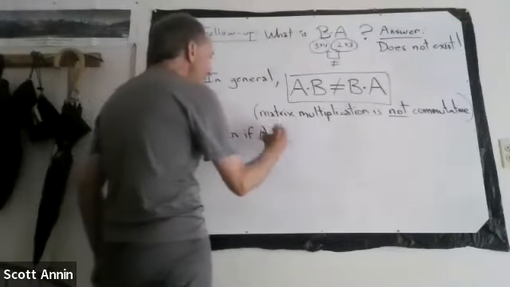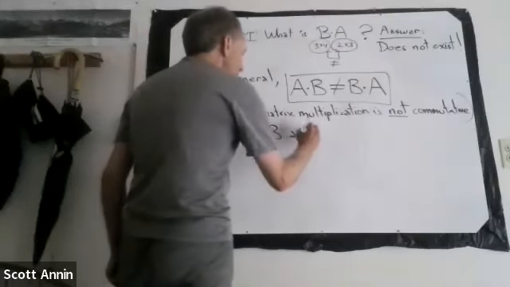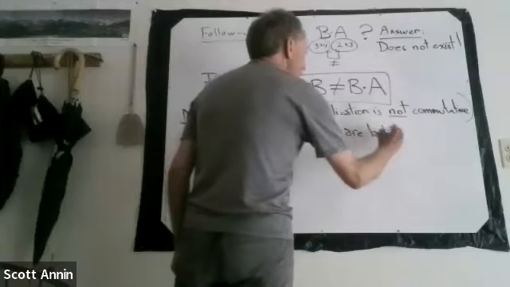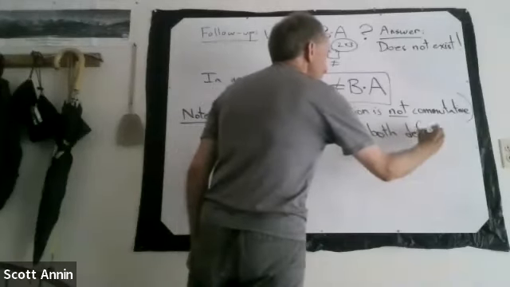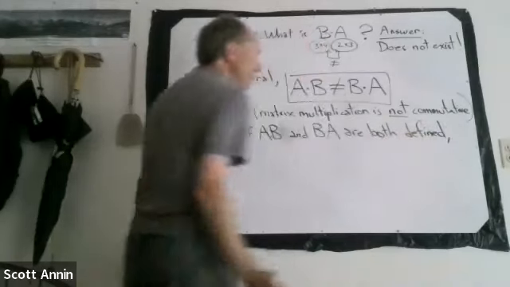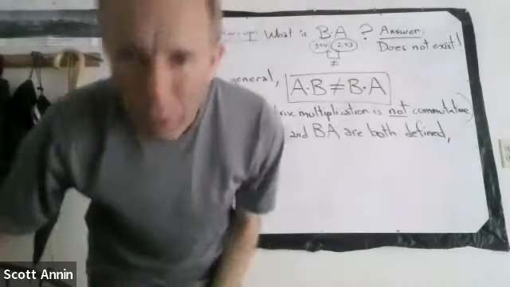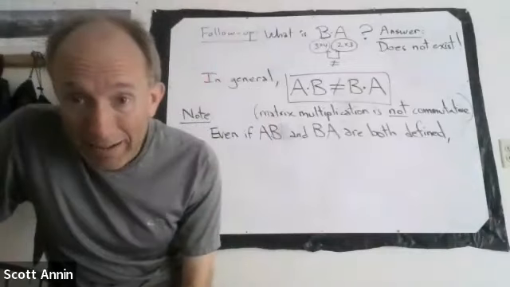Even if A times B and B times A are both defined, even if they both do work, let's say, for example, that A and B were both 3 by 3.